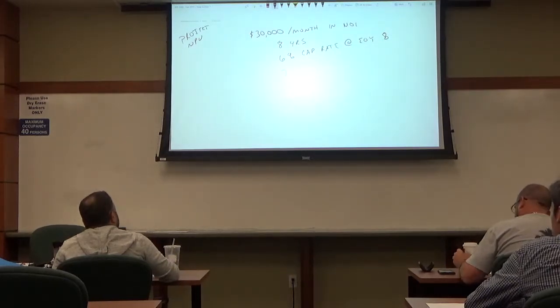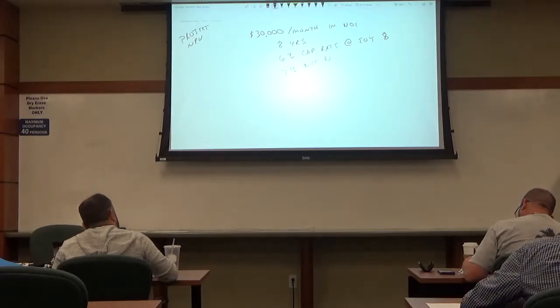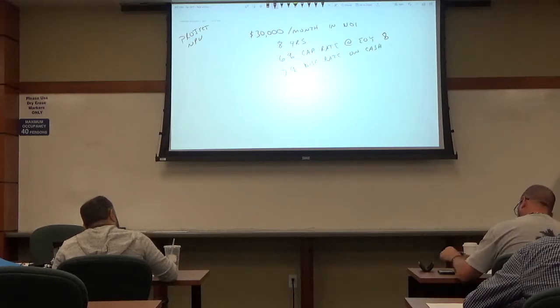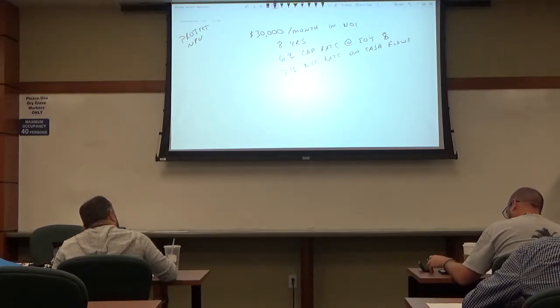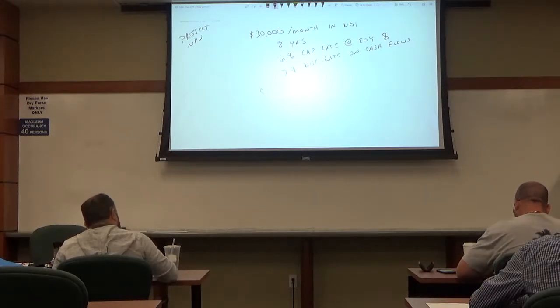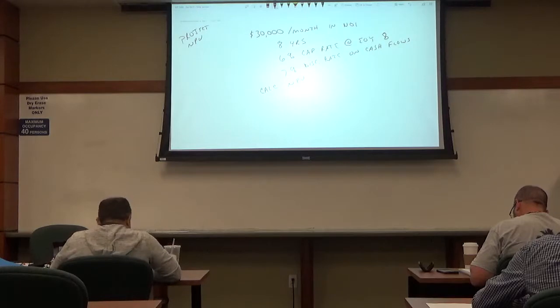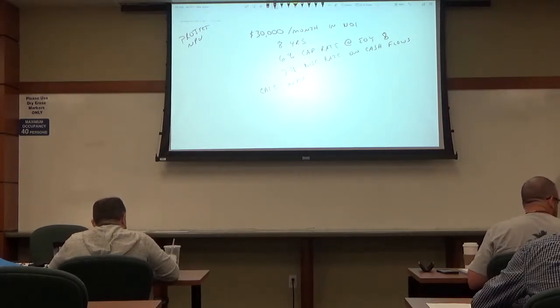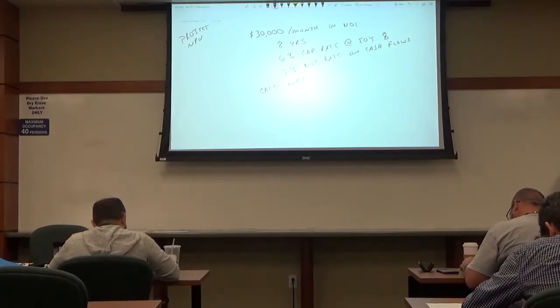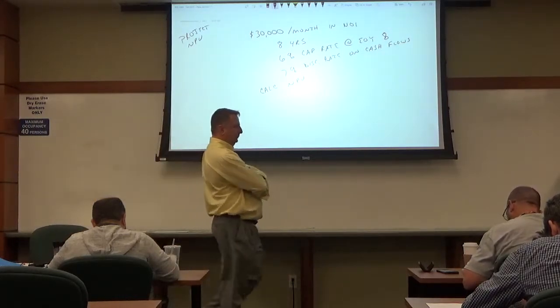Okay, 7% discount on cash flows. Okay, so what I want you to do is to calculate the NPV. Payments per year.